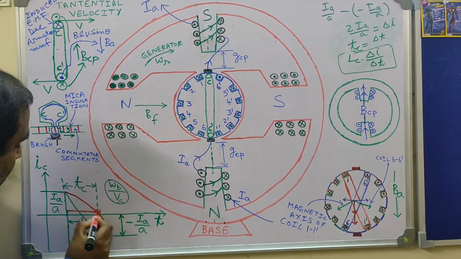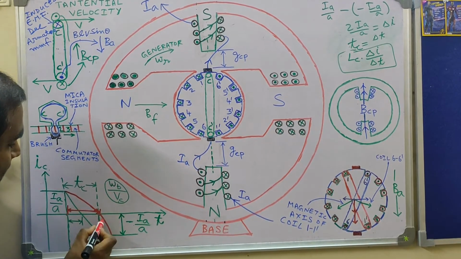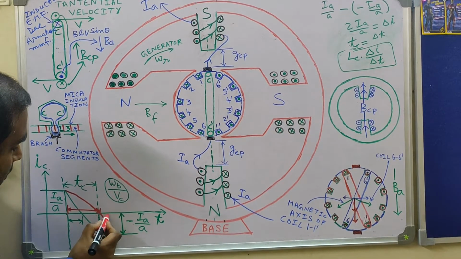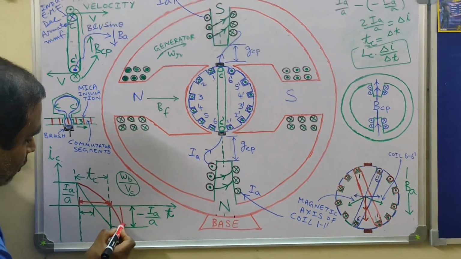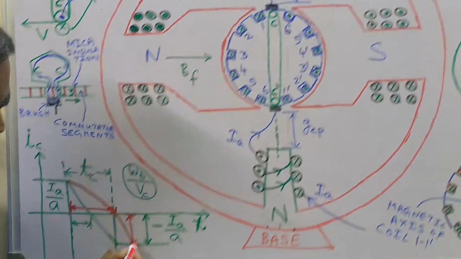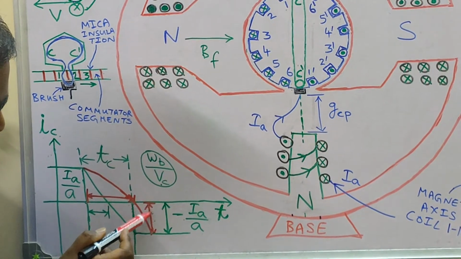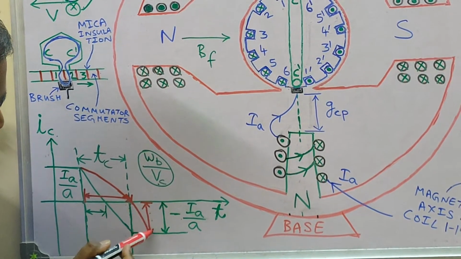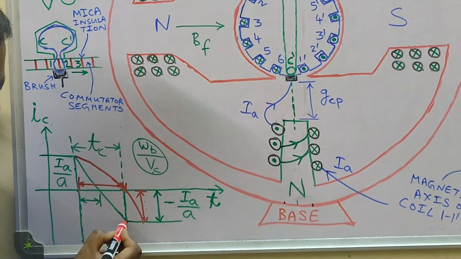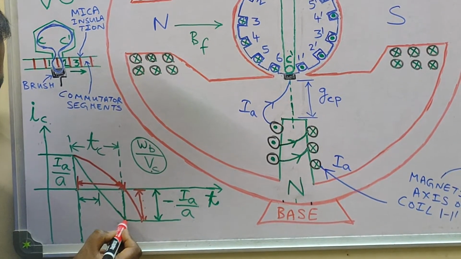So what happens, this much portion of the coil current is not getting reversed. This much reversal of the coil current is not getting completed because the contact is getting broken at this point.